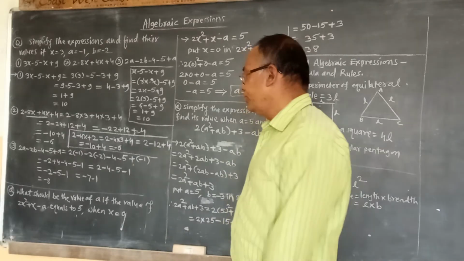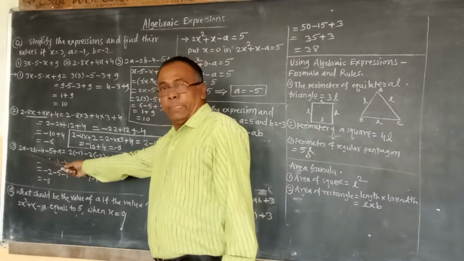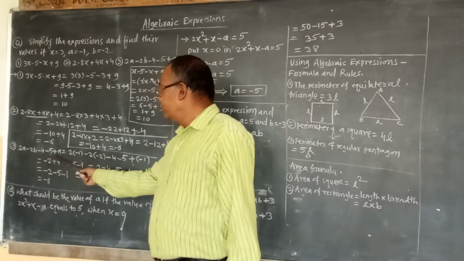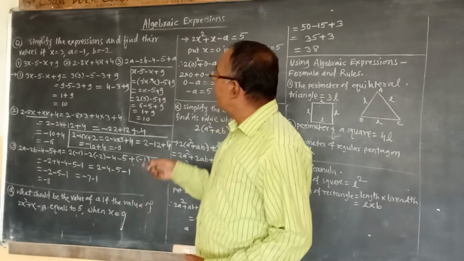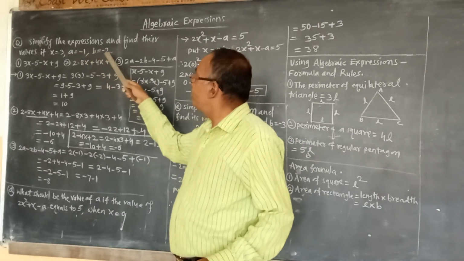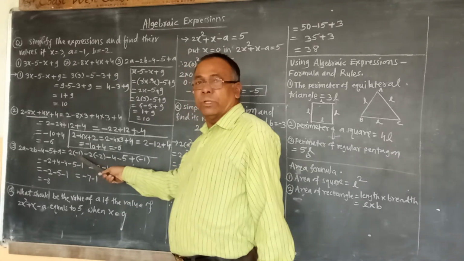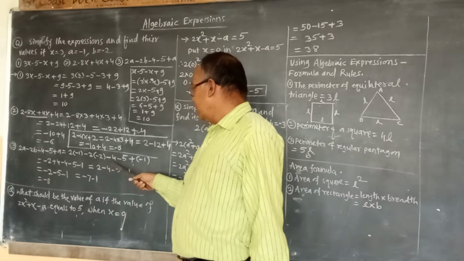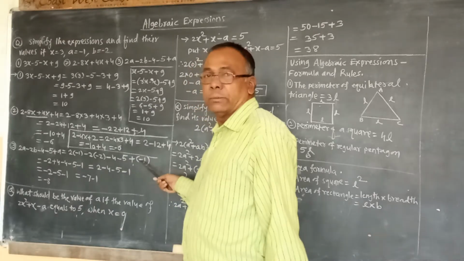And now we will solve the third expression, that is 2a minus 2b minus 4 minus 5 plus a. Here we have to substitute the values of a is equal to minus 1 and b is equal to minus 2. Now substituting, we will get 2 into minus 1 minus 2 into minus 2, minus 4 minus 5 plus minus 1.